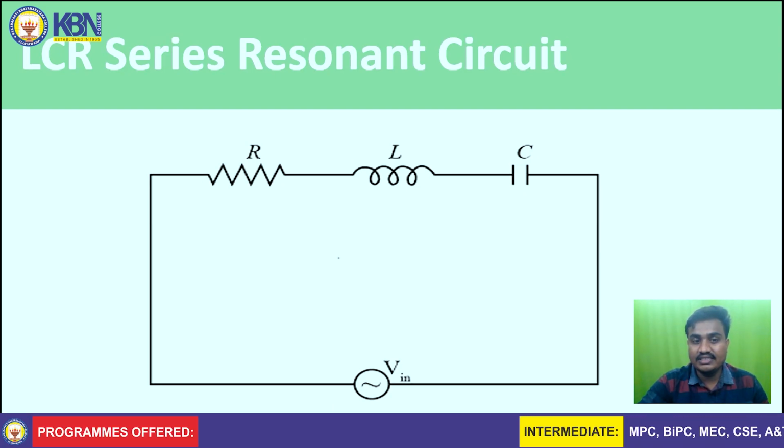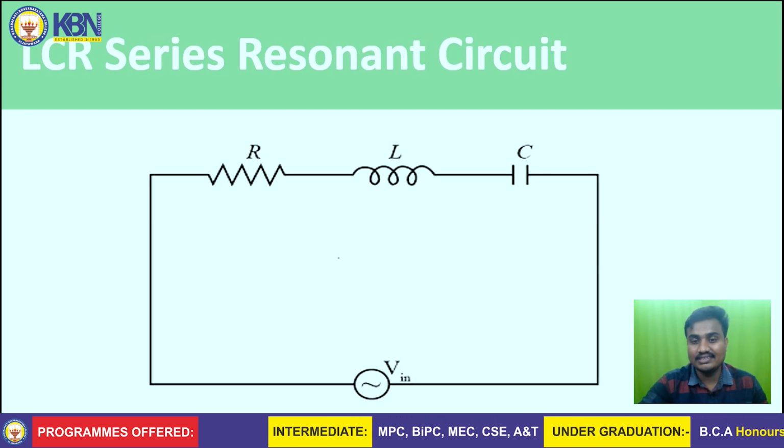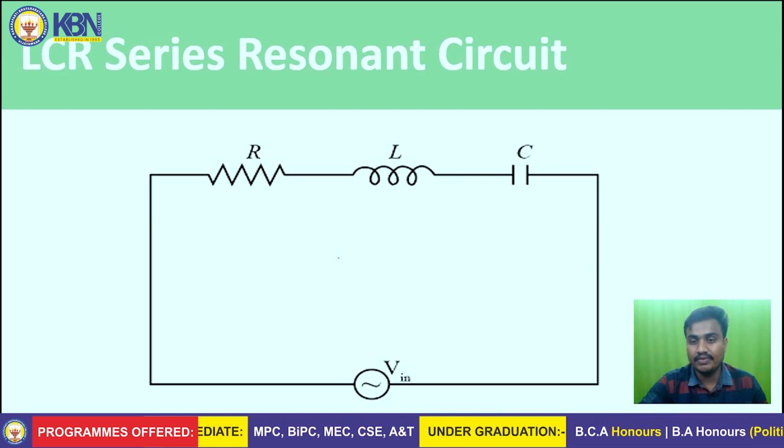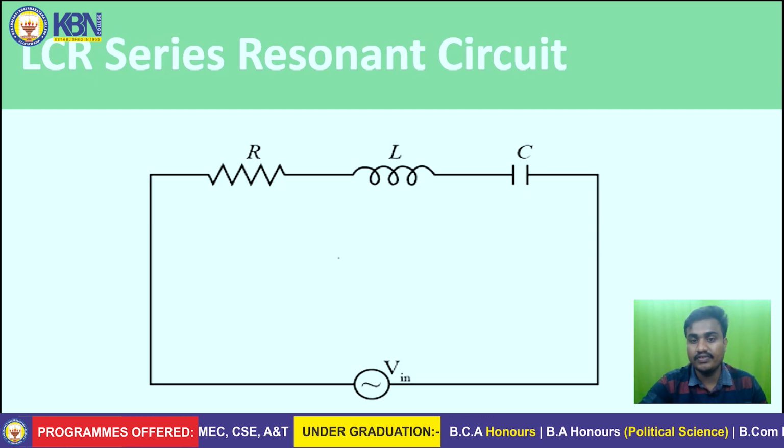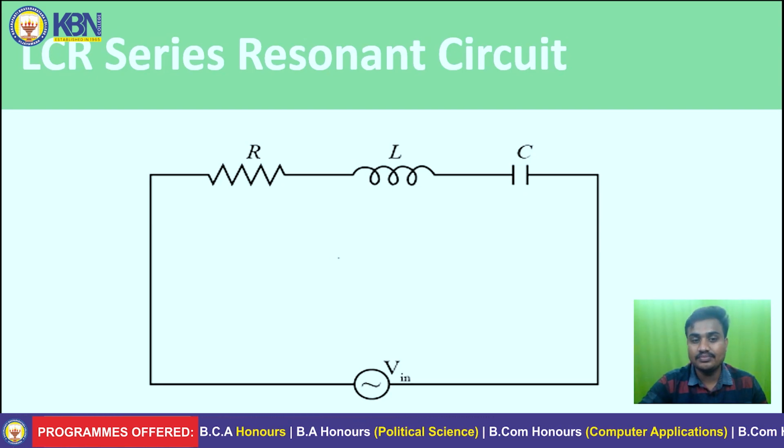Consider an inductor of inductance L, a capacitor of capacitance C, and a resistor of resistance R, all three connected in series to an AC power supply having an electromotive force of E equals E naught sine omega t.